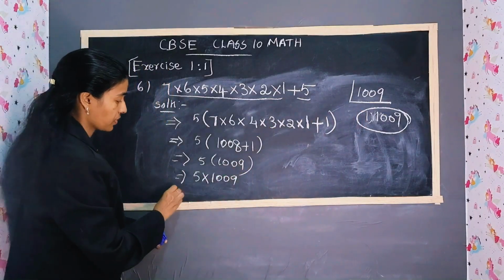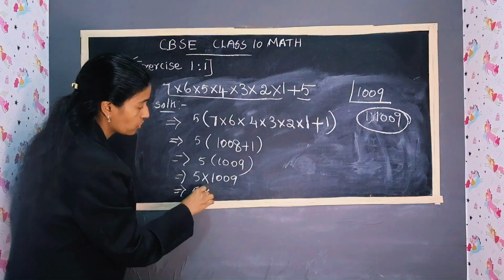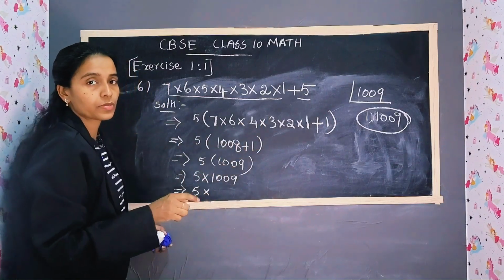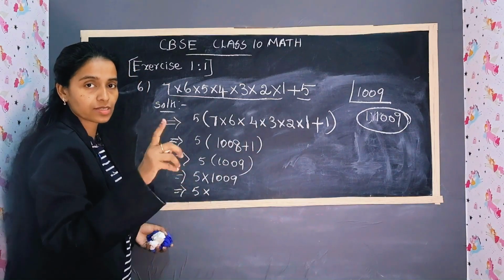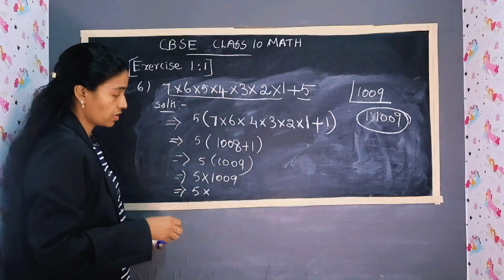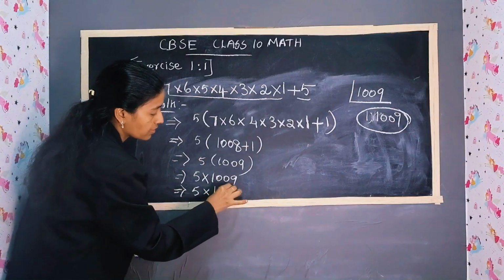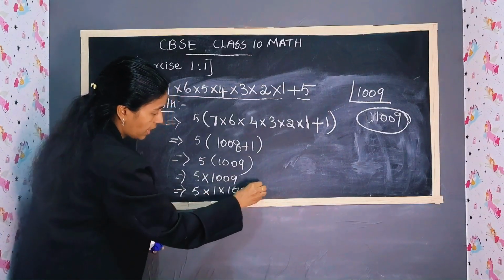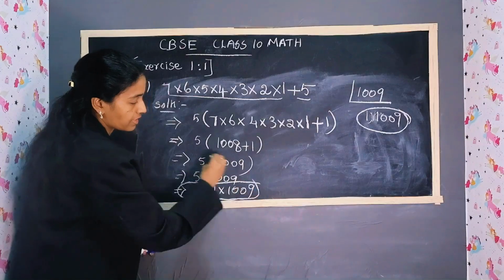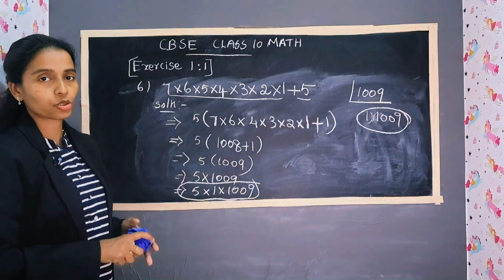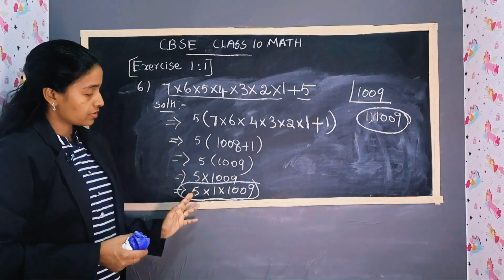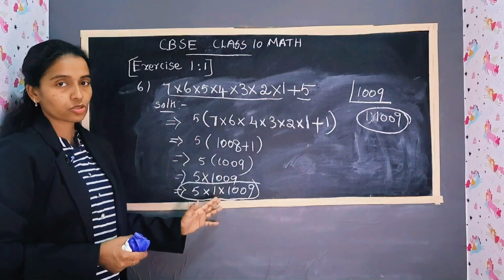So 5 into, I can take 1 also. Why? Because every number has 1 as a factor, right? So I can take 1 and 1009. We have 3 factors, right? Here 3 factors total. 5 into 1 into 1009.